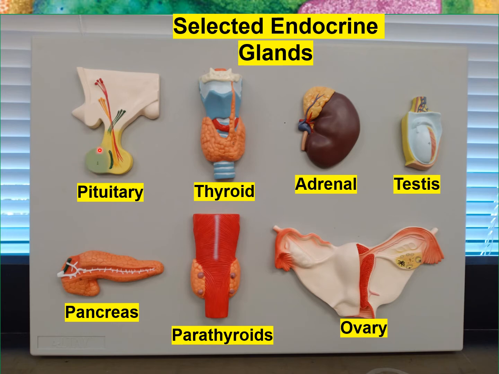This portion shown in green indicates that this is our anterior pituitary, while the portion in yellow indicates that this is the posterior pituitary. And we know this because we can see neurons traveling from the hypothalamus down into the posterior pituitary. The stalk that connects the hypothalamus and the pituitary gland is known as the infundibulum.